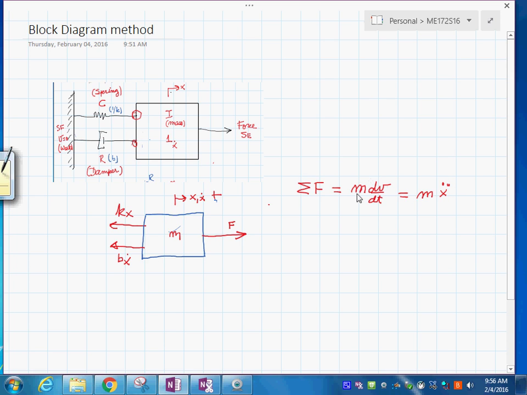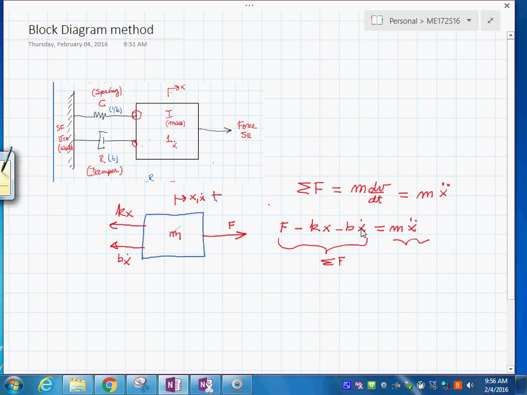So we write the equation: F minus k times x minus b times x dot is equal to m x double dot. This is that summation, and this is of course the rate of change of momentum.